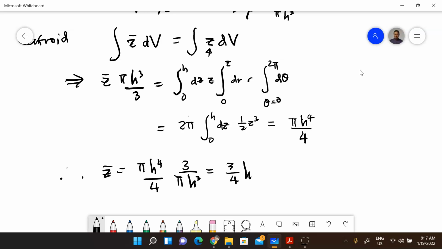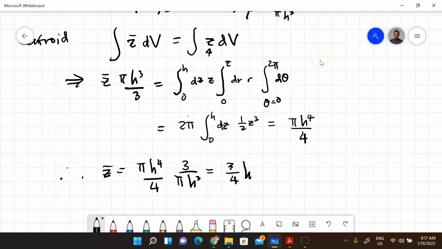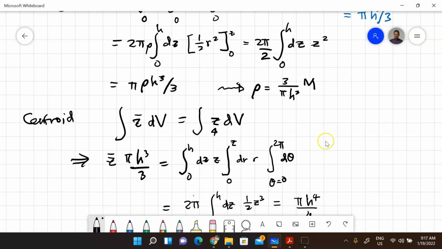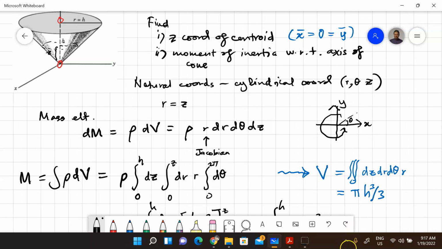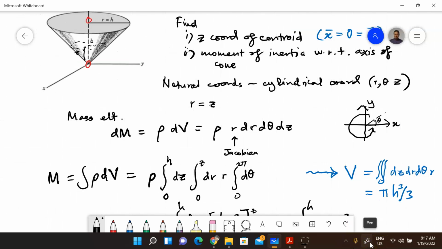Let's make sense of this answer. This is one thing one should have a feeling for. If you look at where the centroid should be along the z-axis, you can almost think of what's going to happen: because there is more mass at the top compared to the mass at the bottom, it will be more towards the upper part.